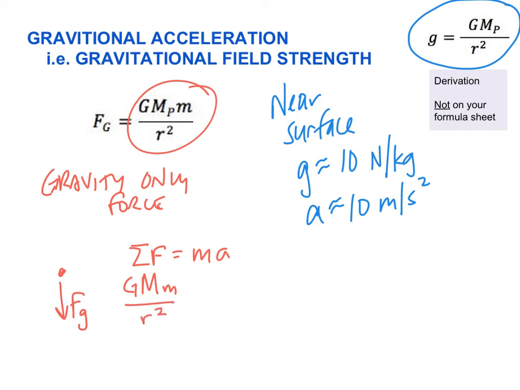So if we're in a situation where only gravity is acting, like if I drop a ball, what we want to notice is how the mass of the ball or the object cancels out, and so the acceleration is just the gravitational constant times the mass of your planet, or whatever it is that you're falling towards, divided by your distance from its center squared.